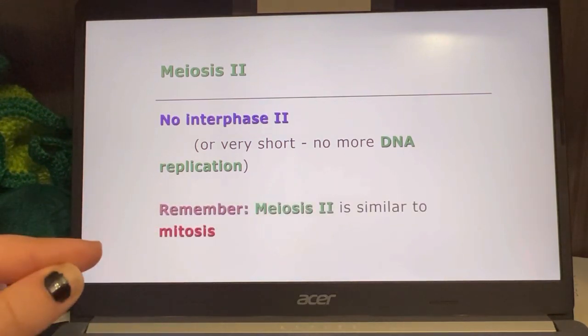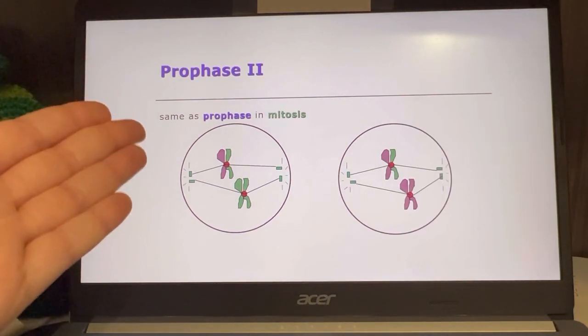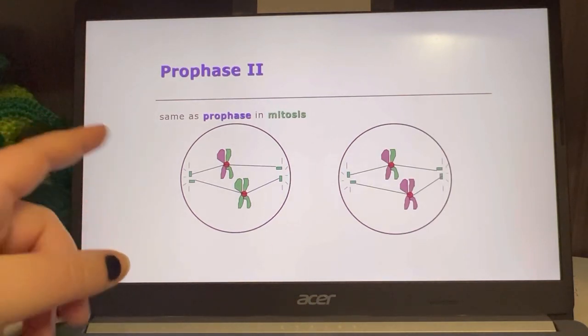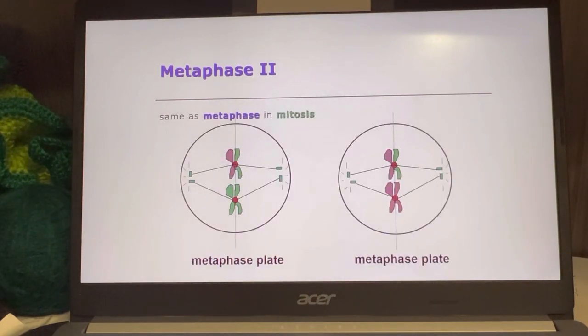Meiosis 2 is similar to mitosis. So we have prophase 2, same as prophase in mitosis. Chromatin is condensed, the spindle fibers form, and they start attaching to the chromosomes. Metaphase 2, same as metaphase in mitosis, they line up along the metaphase plate, getting ready to be split apart.